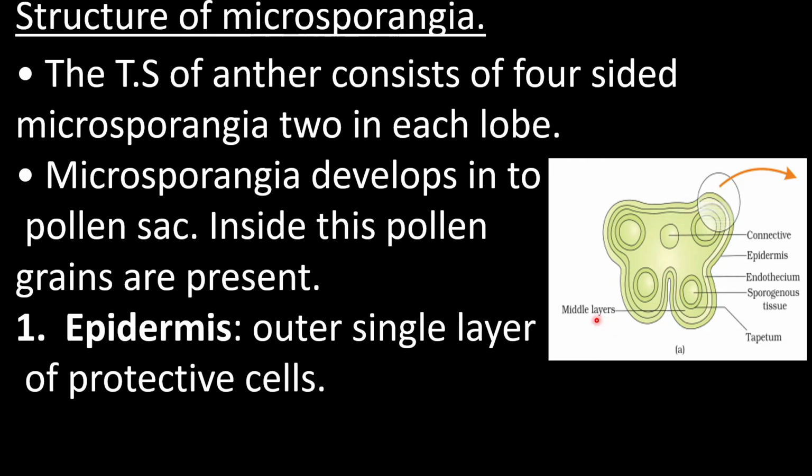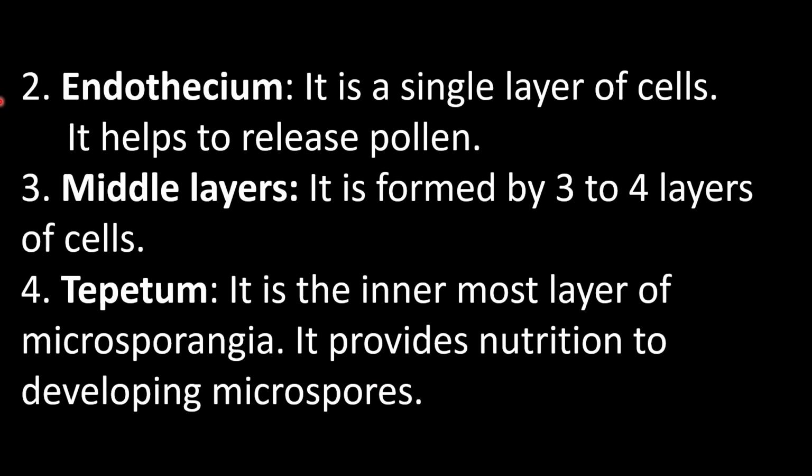So here you will find a TS of anther showing the four-sided microsporangia in each lobe. And here they mainly consist of four layers. The first layer is called the epidermis, outer single layer of protective cells. Next layer is endothecium.